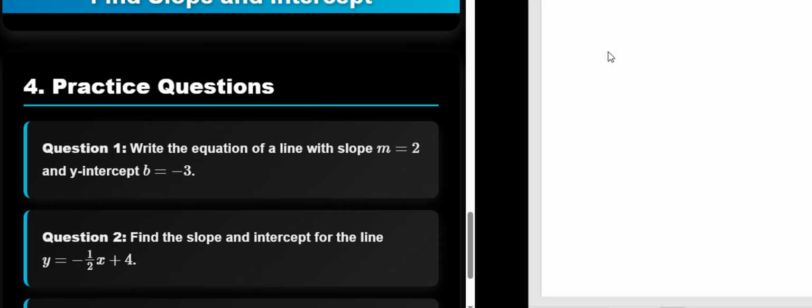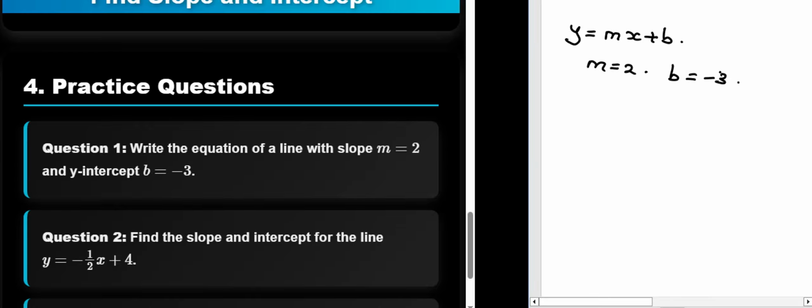First, we already know that the equation of a straight line is given by y is equal to mx plus b, where b is the intercept and m is the gradient. But in this case, we are given m, which is 2, and we are also given b, which is the intercept, as -3. So we only need to pick these ones and replace them in the equation.